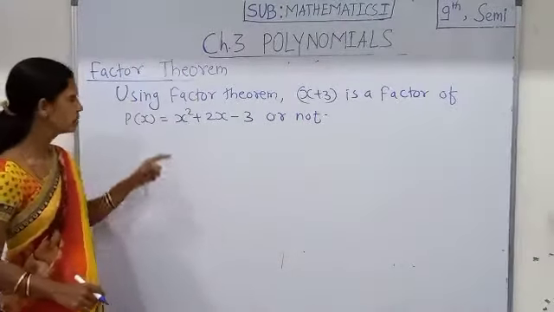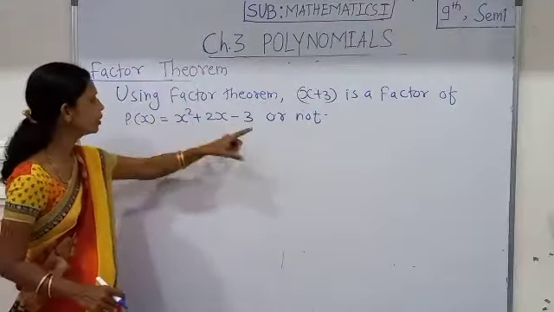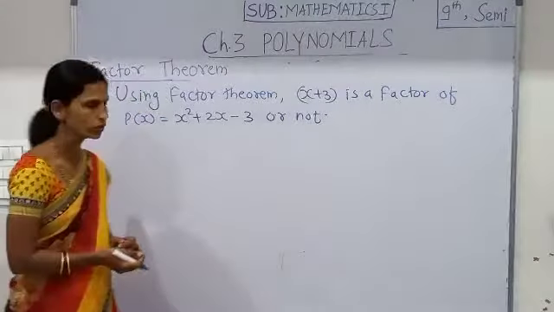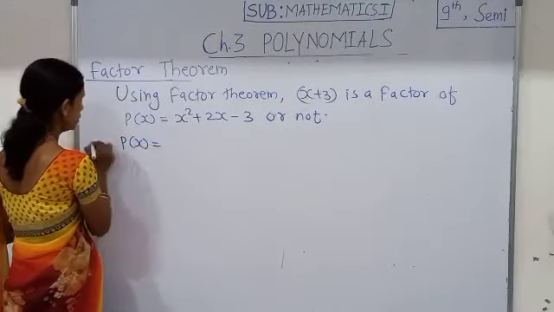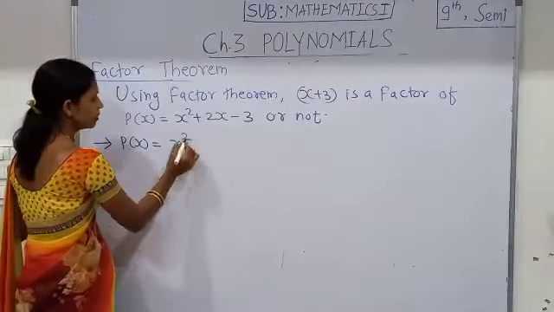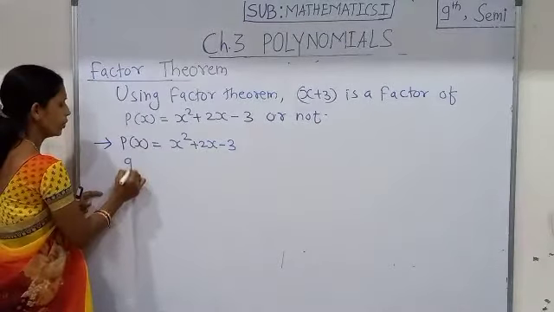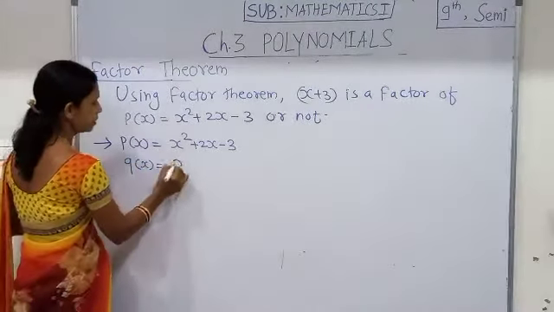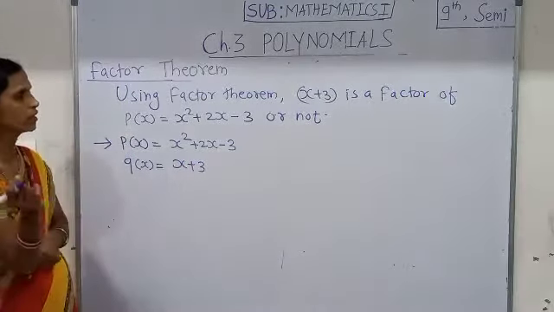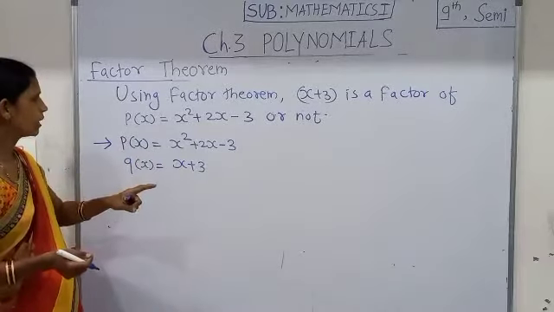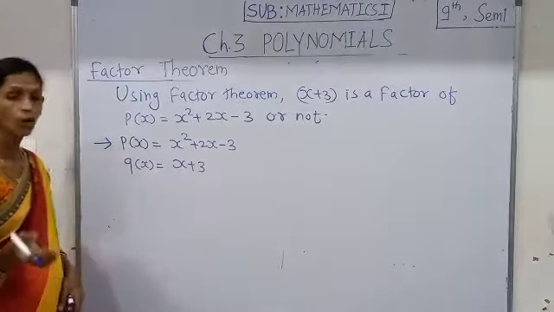Using the factor theorem, we have to find out whether x plus 3 is a factor of this given polynomial or not. First of all, we write the polynomial p(x) equals x square plus 2x minus 3, and q(x), the divisor, is x plus 3.